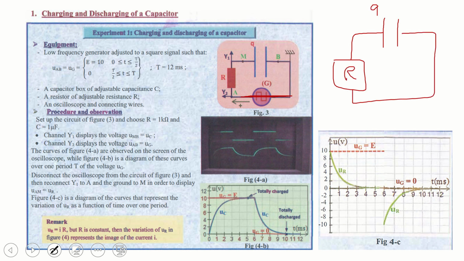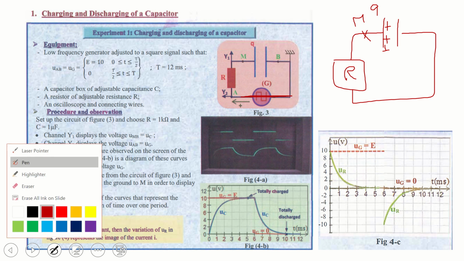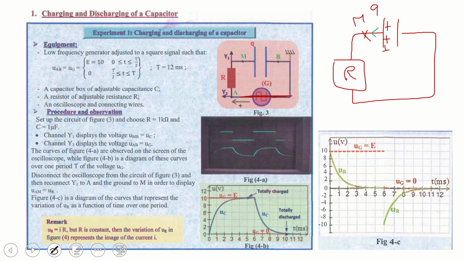Now, the positive plate of the capacitor, marked as Q, is the plate M, where the current I is delivered. So the current I flows in the opposite direction. This is why I as a value is decreasing from maximum till 0, but as a direction it is in the opposite sense.